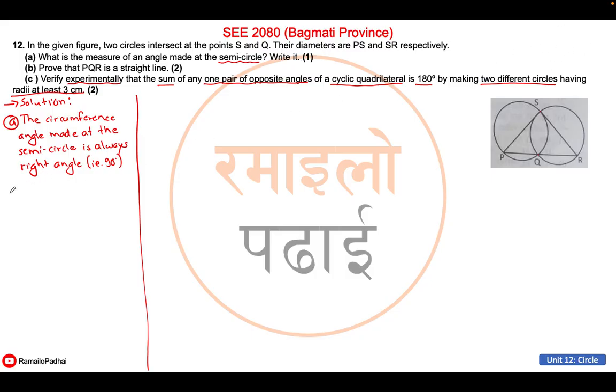Now moving on to B, prove that PQR is a straight line. Here, if we join points Q and S with a straight line, you will draw that figure here.